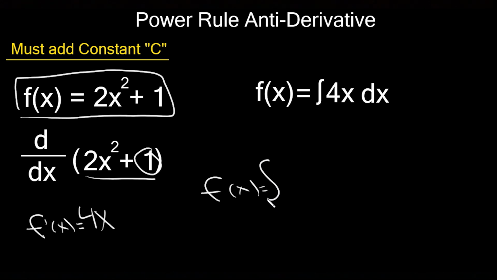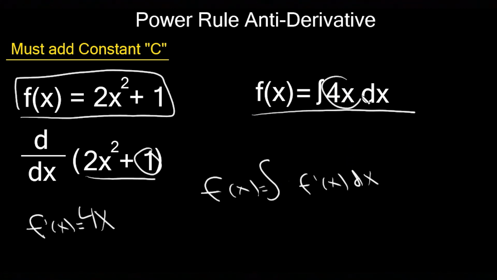But right now, we're going to call this the indefinite integral of f prime of x dx. And so essentially what you're going to do, you're going to replace your f prime of x with what it is. That's going to be 4x. And then you're going to go ahead and take the antiderivative. And that is what you're seeing right here. Okay.